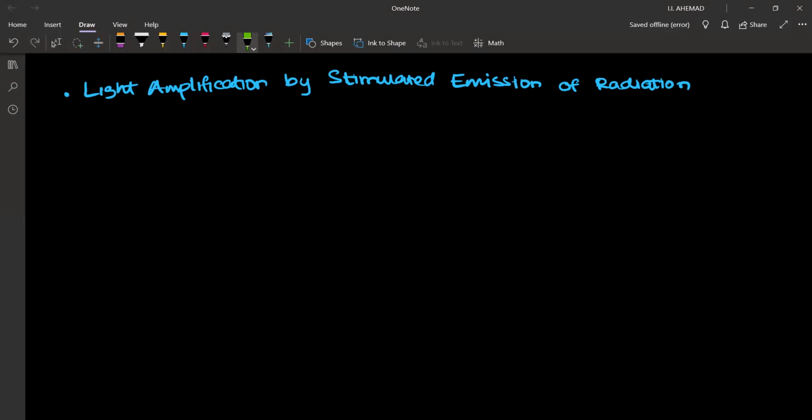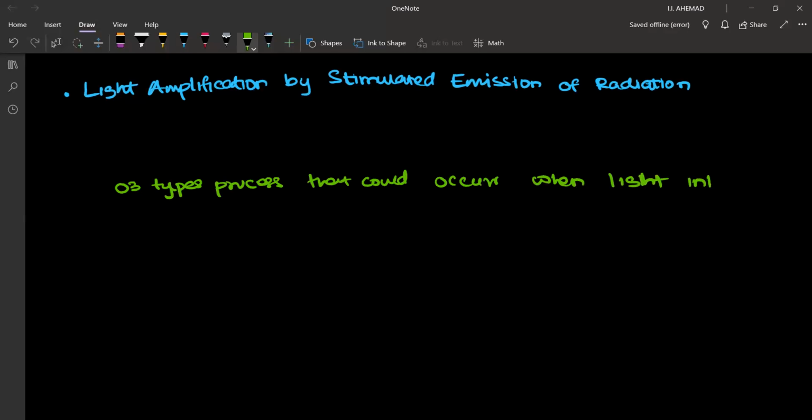So there are three types of processes that could occur when light interacts with a material medium.